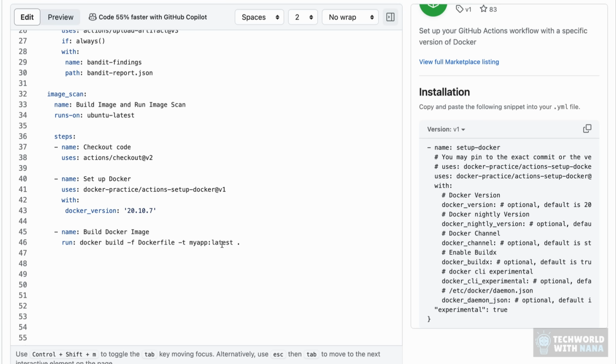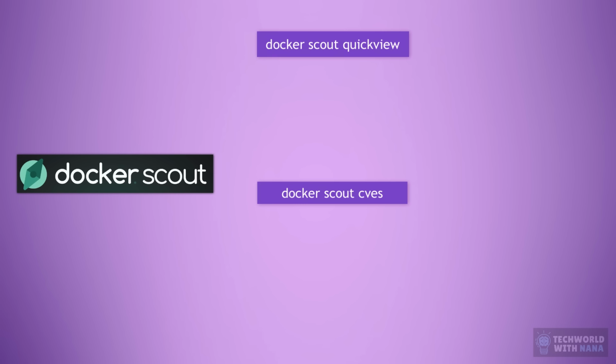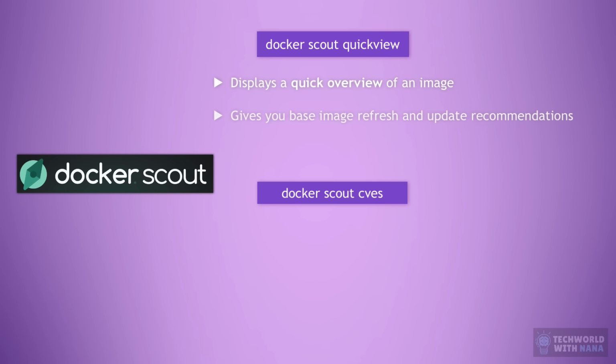Awesome. The next step will be to scan that built image for any security issues. And as I said, we're going to use Docker Scout from Docker itself, which actually does a very thorough scanning of the images on multiple layers to find any security issues. And we can actually use two different commands of Docker Scout. One of them is called Quick View. Quick View command will basically show you that your base image is outdated, and it will give you a recommendation of how to update it to make your image more secure.